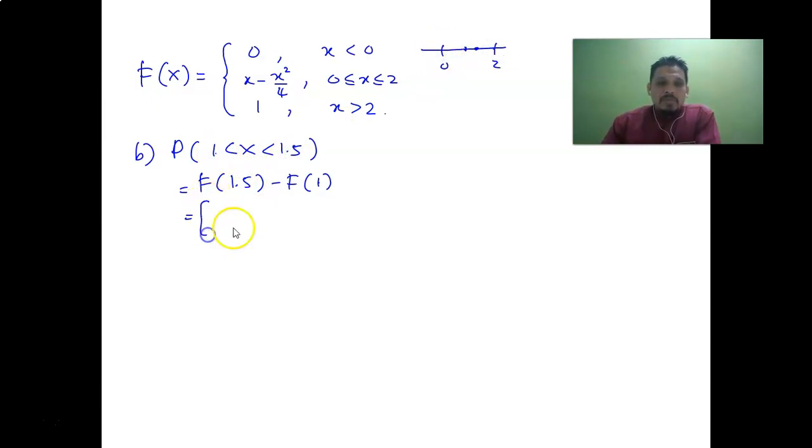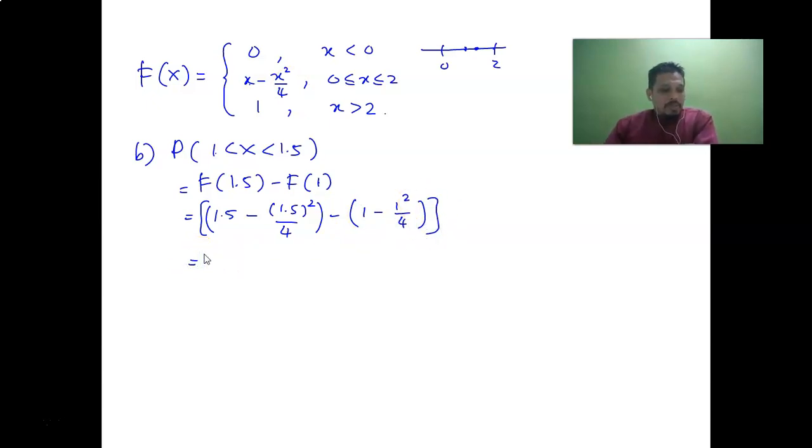So first one here, substitute 1.5 here and here. 1.5 minus 1.5 squared divided by 4, minus F(1), so substitute 1 here and 1 here, 1 minus 1 squared divided by 4.